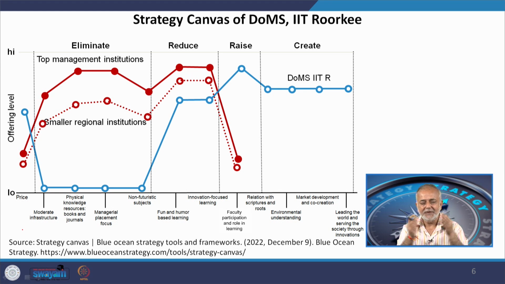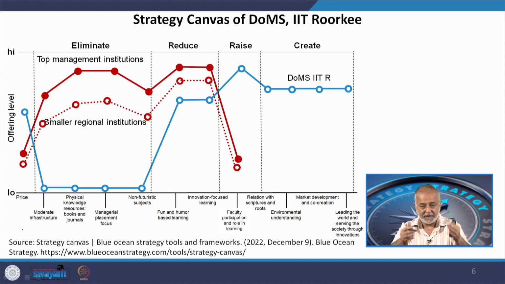So, there was a price level, then usable, moderate, good infrastructure with all the ingredients involved: the computers, the labs, the library, the books and the classrooms, and everything which every B school suggests. Physical knowledge resources, books and journals, and managerial placement focus, which is one of the most important, so every institution is focusing upon it. We also were focusing upon it, if you look at us as the dotted line.